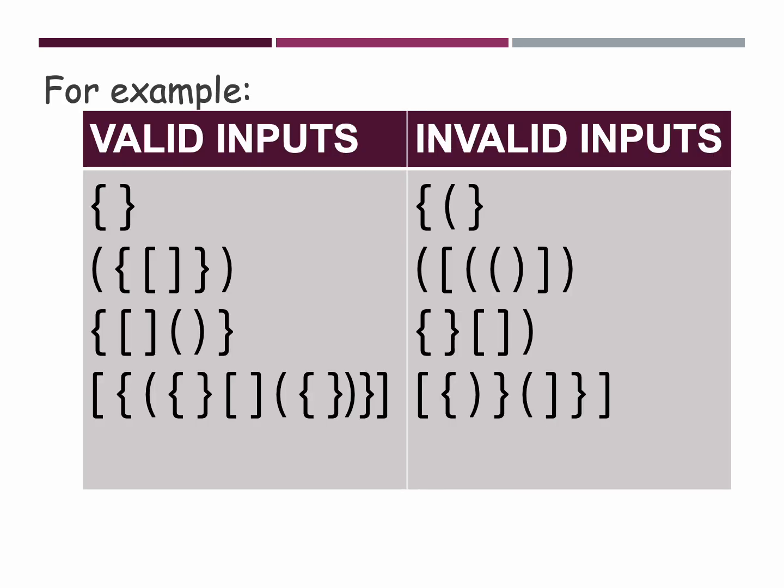So here is an example of valid and invalid input parentheses. The left side of the slide shows the valid inputs and the right side shows the invalid inputs.